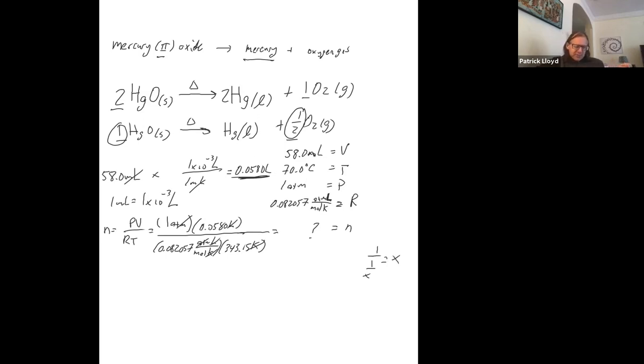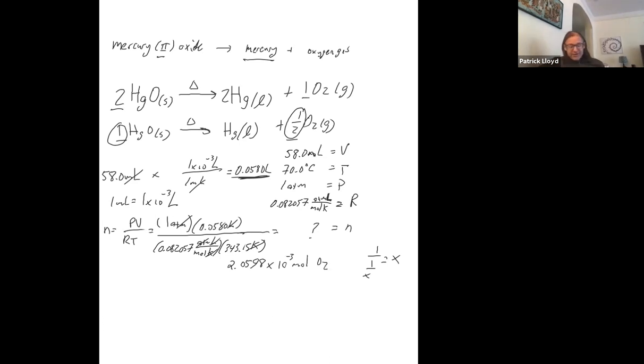So it's tricky, you know, like 1 times 0.0580 divided by 0.082057 divided by 343.15. And you get, looks like it's pretty small, right? Yep. I'm going to write in scientific notation 2.0598 times 10 to the minus 3 moles, and this is O2, right?